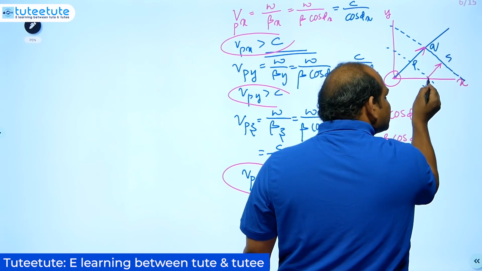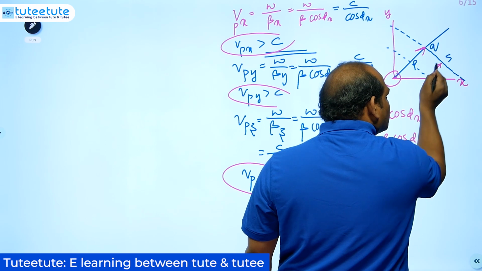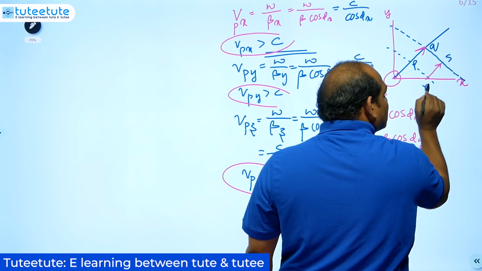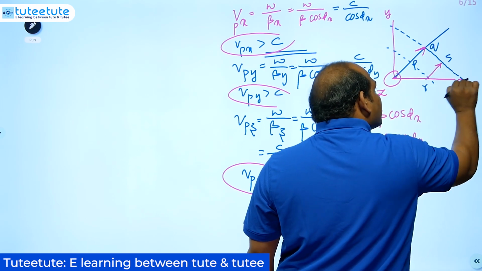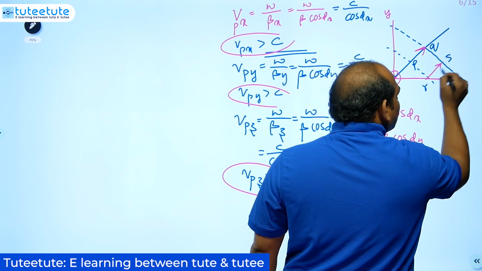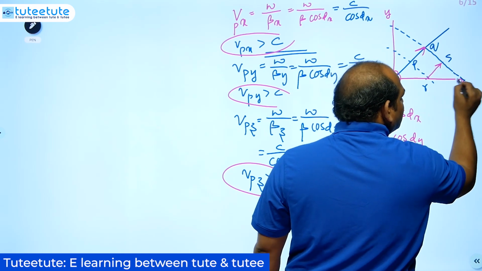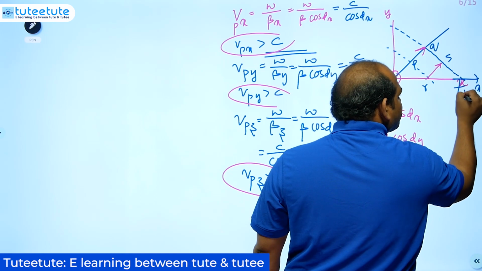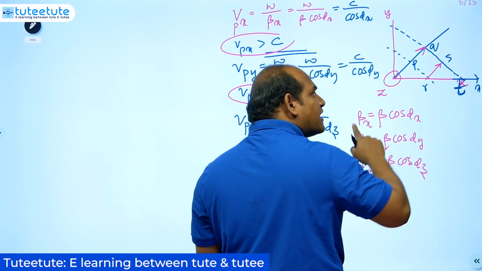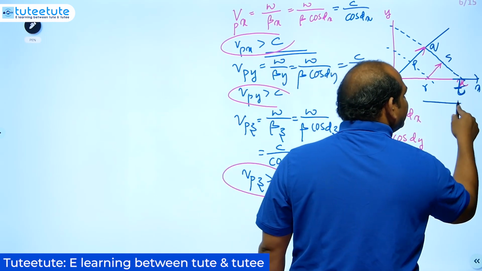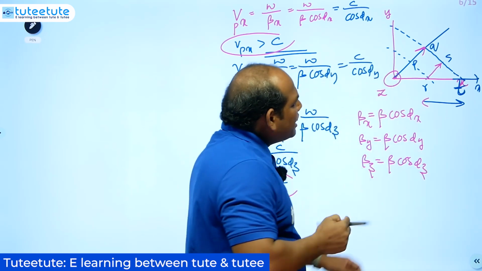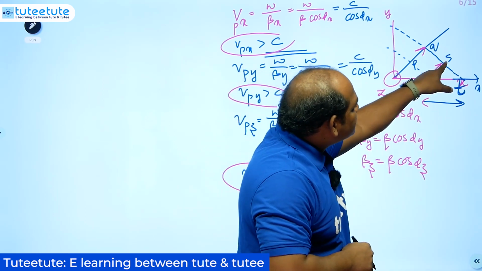But when the wave is traveling from the point R to S, the phase along the x direction is moving. For example, take this as T. The phase along the x direction is moving the distance RT.